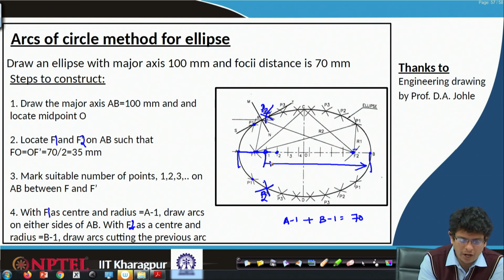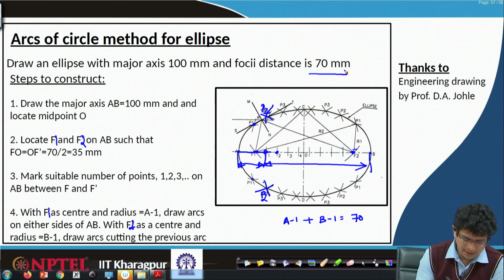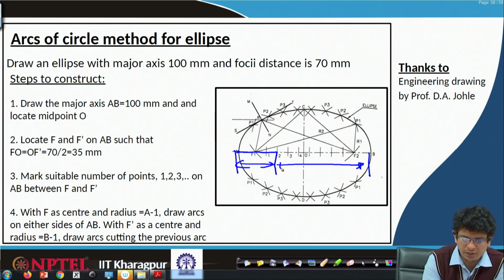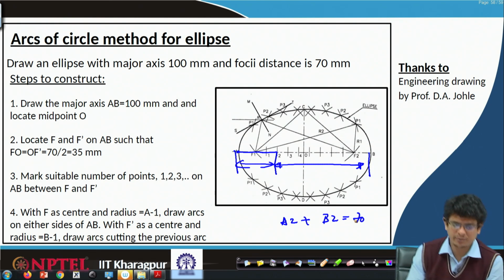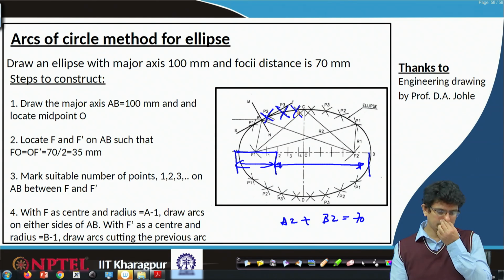So, if we add these two distances, it is supposed to give us the major axis. Similarly, if we use A to 2 distance and B to 2 distance, A2 plus B2 is also the major axis length. In that way, we will construct the P2 point, P3 point and so on.